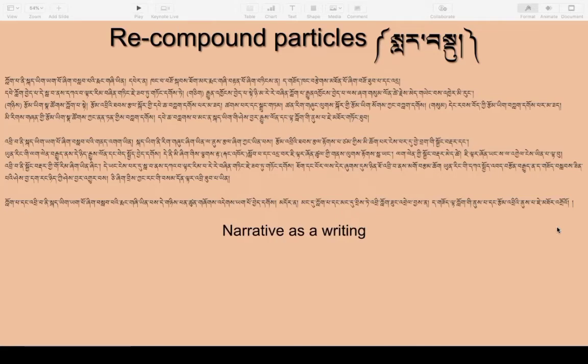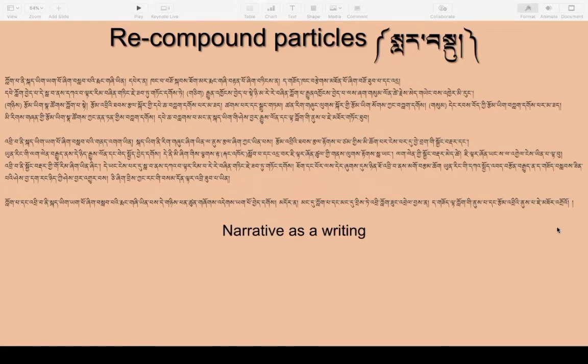Therefore, the function of the recompound particle is to show that everything from the beginning to this point belongs to a single narrative, and everything in between is related to each other.